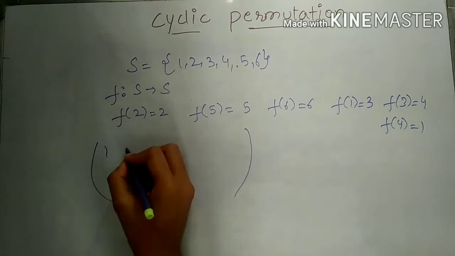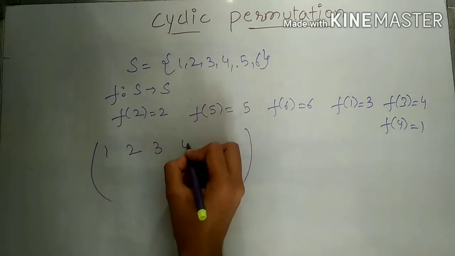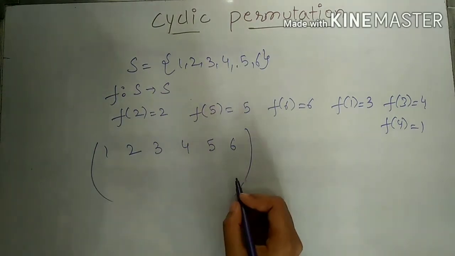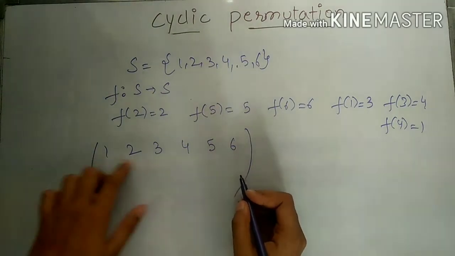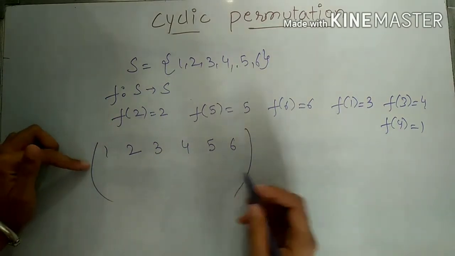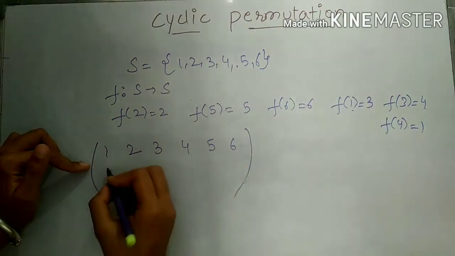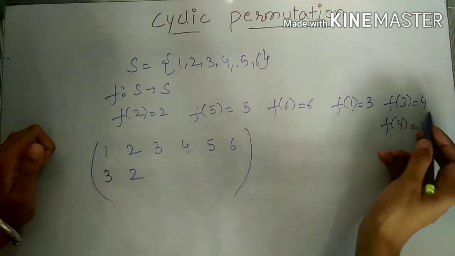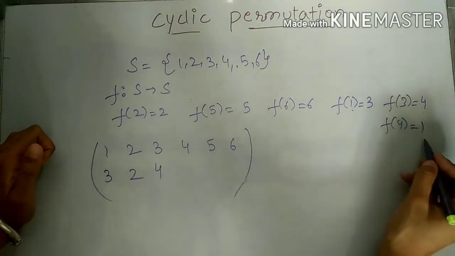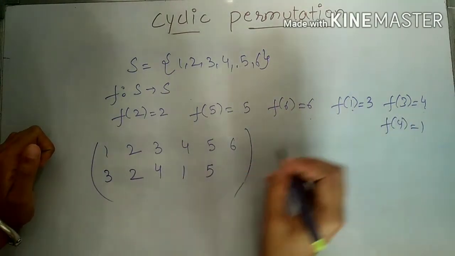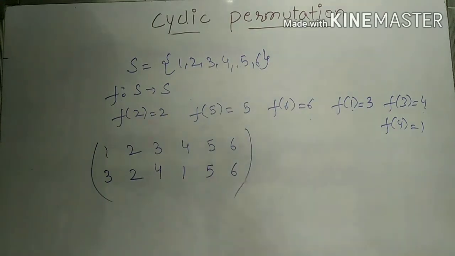You know how we can represent f? In the first row we write the elements of S, that is 1, 2, 3, 4, 5, 6. And in the second row we write the images of these elements under the permutation f. Image of 1 under f is 3, f of 2 is 2, f of 3 is 4, f of 4 is 1, f of 5 is 5, and f of 6 is 6.